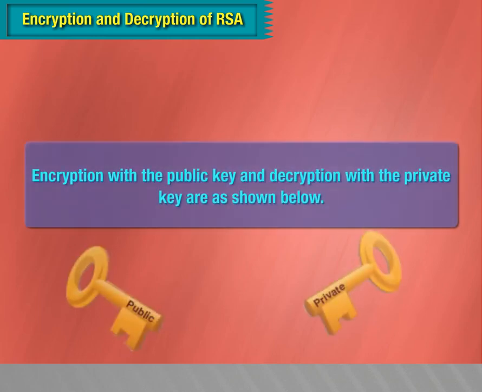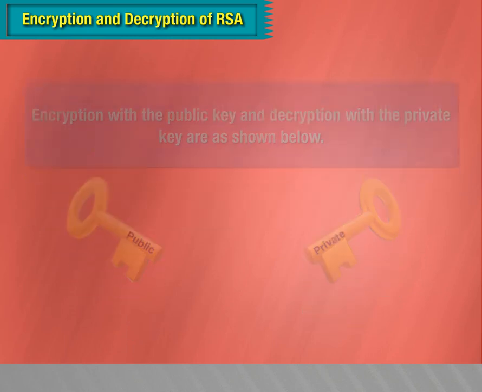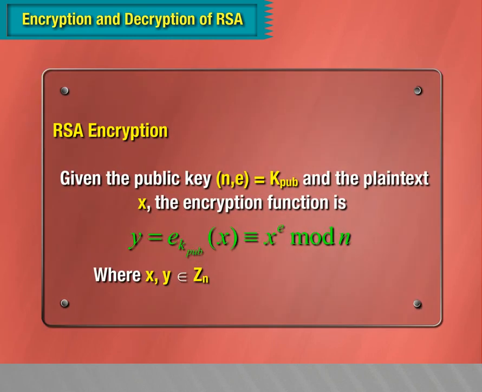Encryption with the public key and decryption with the private key are as shown below. RSA encryption: given the public key (n, e) = kpub and the plaintext x, the encryption function is y = e_kpub(x) ≡ x^e mod n, where x, y belong to Zn.